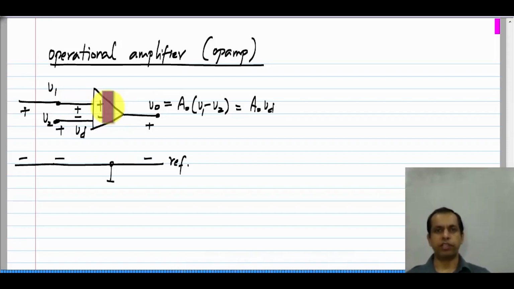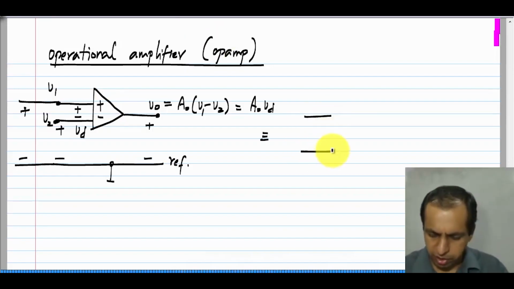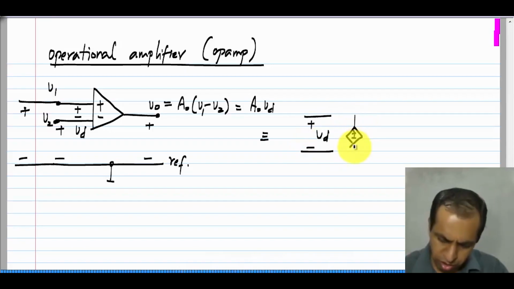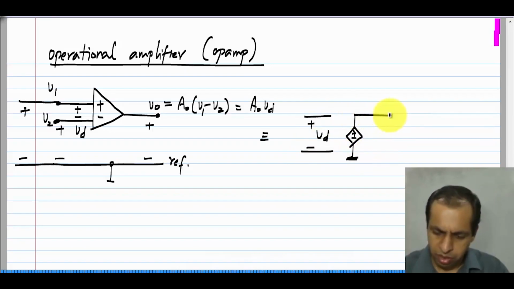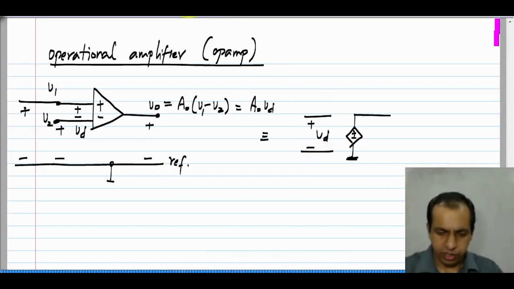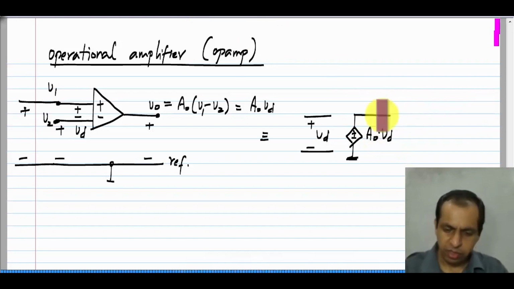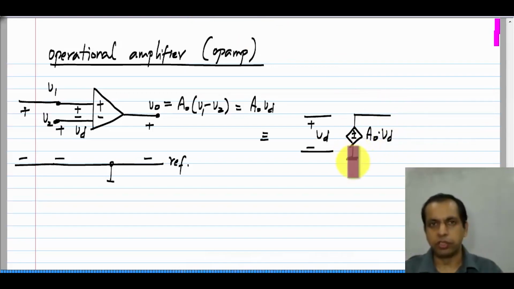Now, looking at this definition, it will be obvious to many of you that this is nothing but a voltage controlled voltage source. The controlling voltage between its terminals is denoted VD, and the controlled source is A0 times VD. One of the terminals of these control sources, the bottom terminal as I have shown here, is connected to ground, which is the common reference voltage, and this happens internally to the Opamp.